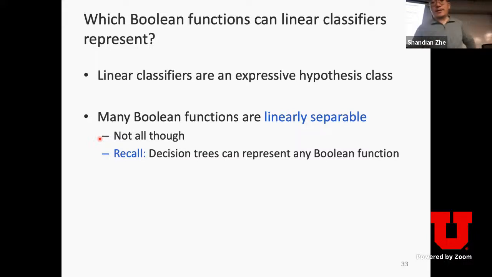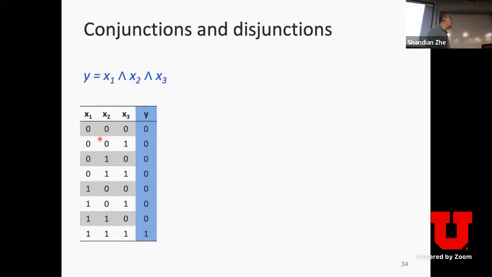But let's look at several examples that can be well represented by linear classifiers. First, we would like to look at the conjunction rules. Suppose your Boolean function has this form: your function output or label is a conjunction of these three Boolean variables, x1, x2, x3.